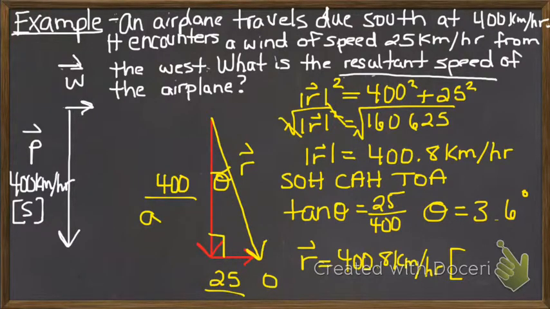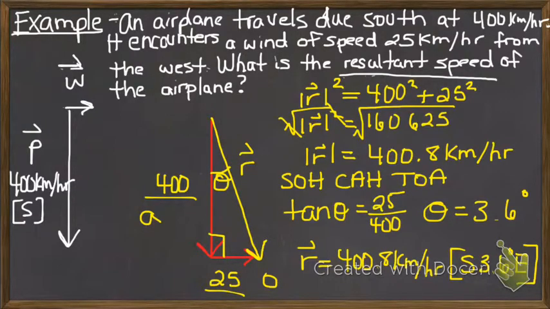Well, south 3.6 degrees east. There are other ways to represent this direction if you'd like. You could give it in terms of the difference between 90 and 3.6, but this is very simple and straightforward and gives us a perfect answer of how this plane is actually flying.